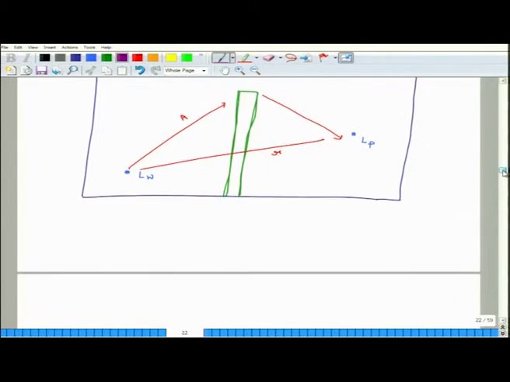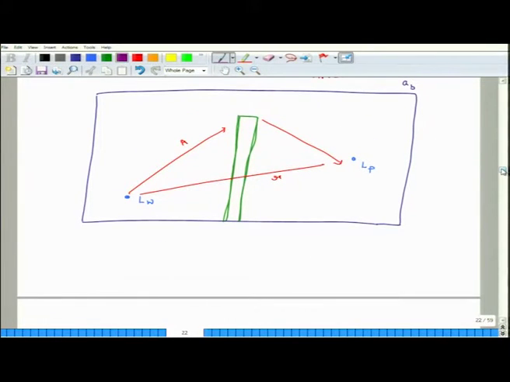So, if I have a barrier, then the value of LP can be calculated by LW plus 10 log 10 of 4 over room constant, but the room constant with the barrier.